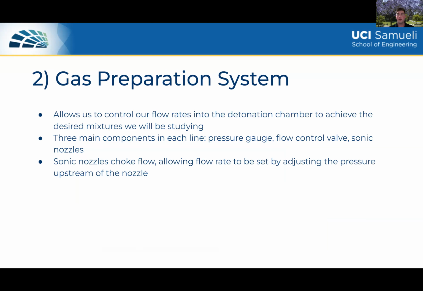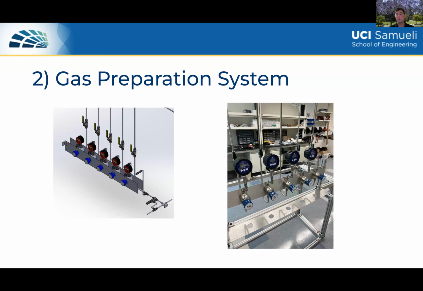One of the properties of having this sonic nozzle is what's called choked flow. For those unfamiliar with choked flow, the mass flow rate becomes a function of the throat area of your sonic nozzle and the upstream pressure. So by turning the flow control valve and setting the pressure on the pressure gauge, we know what mass flow rate we are getting. Here are some pictures of that.